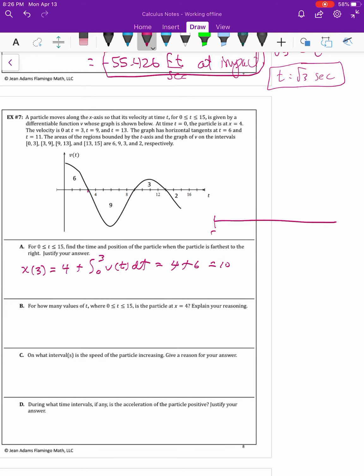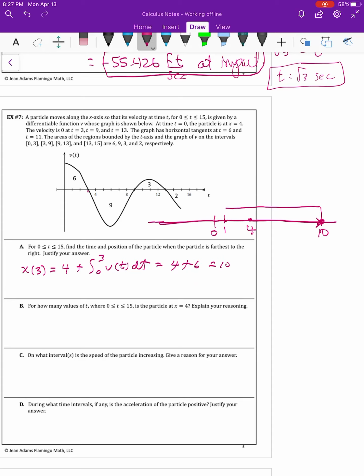And then I know it's going to go negative. So, we're talking about how far away it is to the right. So, here's 0 on the number line, right? We're just going to imagine it's on the number line. So it starts at 4 and it moves to the right to 10.